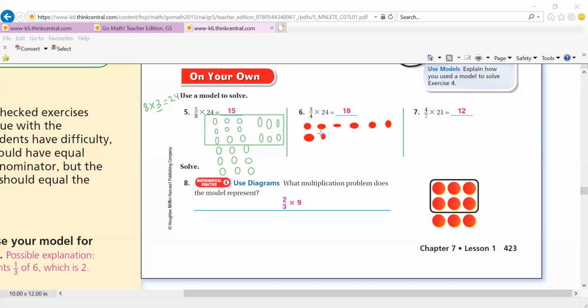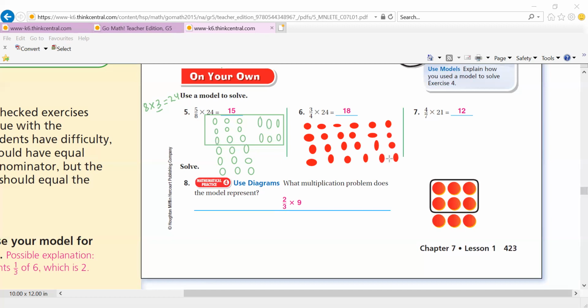Again, 1, 2, 3, 4, 5, 6. Again, four groups, each 1, 2, 3, 4, 5, and 6.